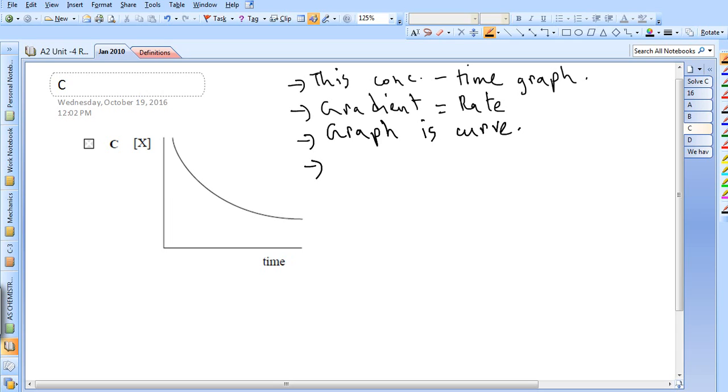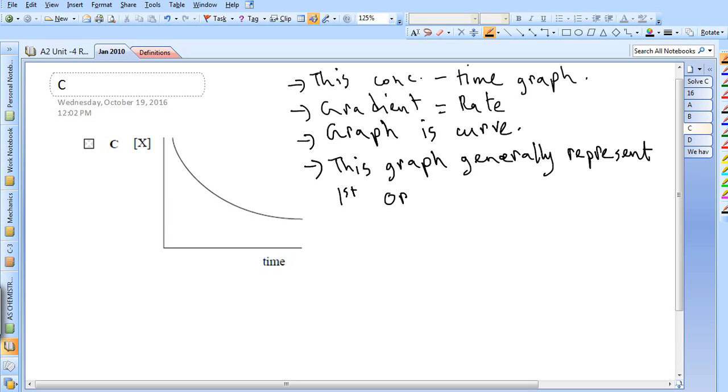So these graphs generally represent first or greater orders. Before we have seen that the concentration time graph is a straight line for zero order.